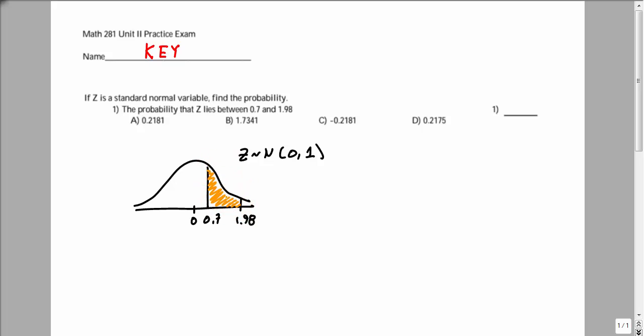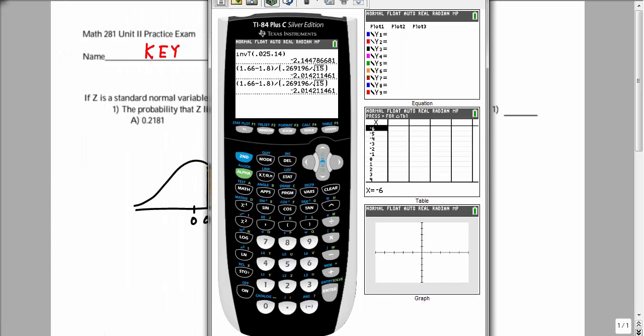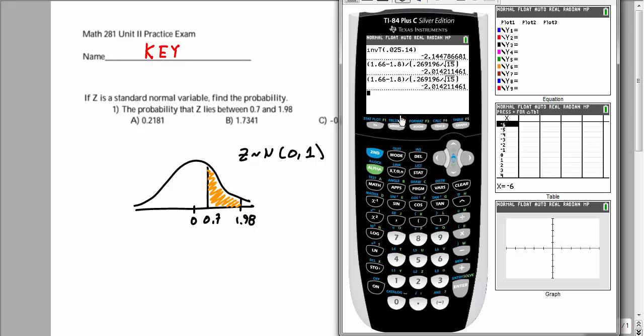Of course there's several different ways that we could find this. Let's go ahead and look at our calculator first. Remember, with the calculator, we have a couple different functions that we can use under the second DISTR, and we want to look for normal CDF in this case because I'm trying to find the area on the normal curve.